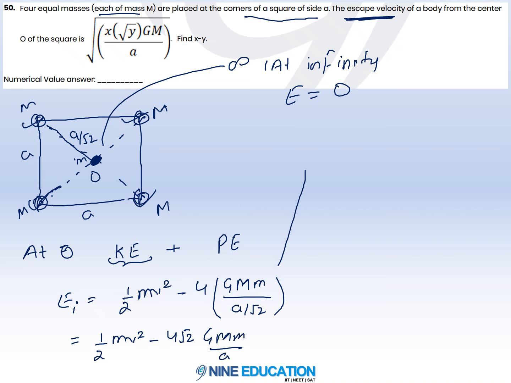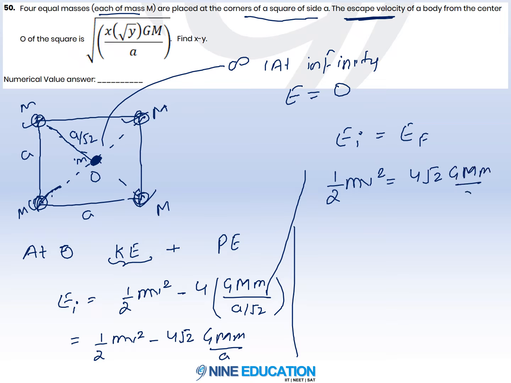Now we know no non-conservative force is acting on it, so E initial equals E final, conservation of energy. So what we will get, half mv square equals 4 root 2 G M m by a.